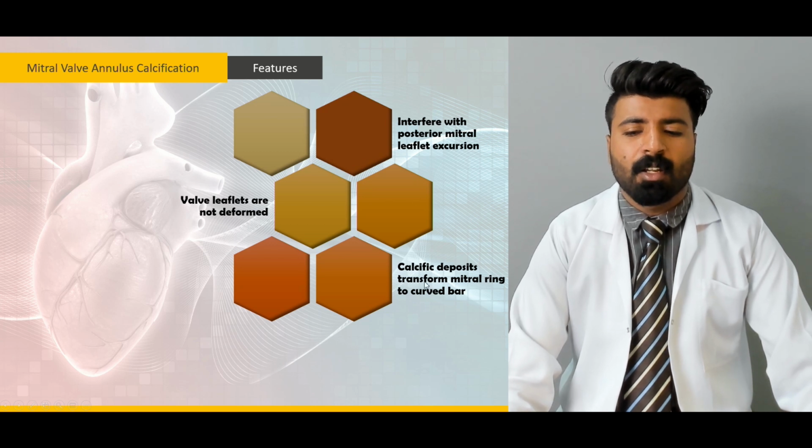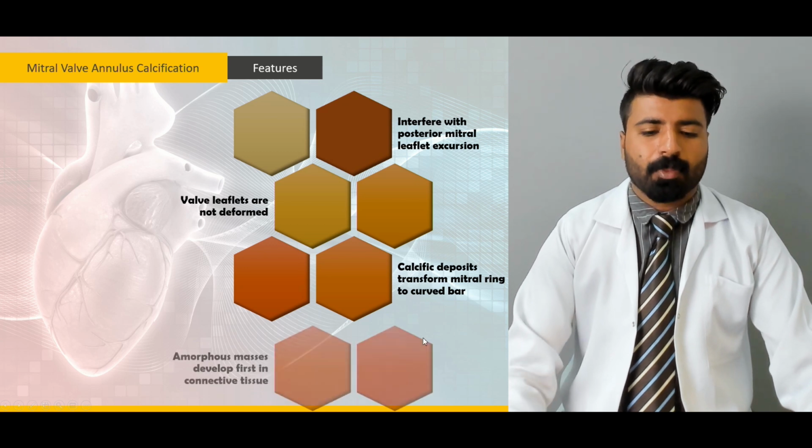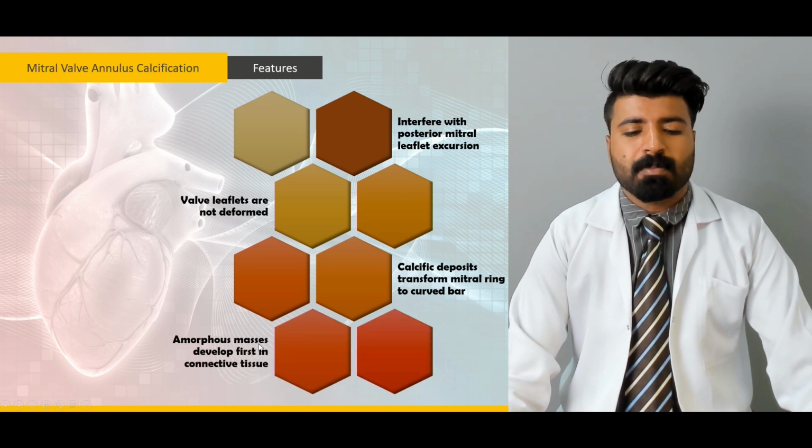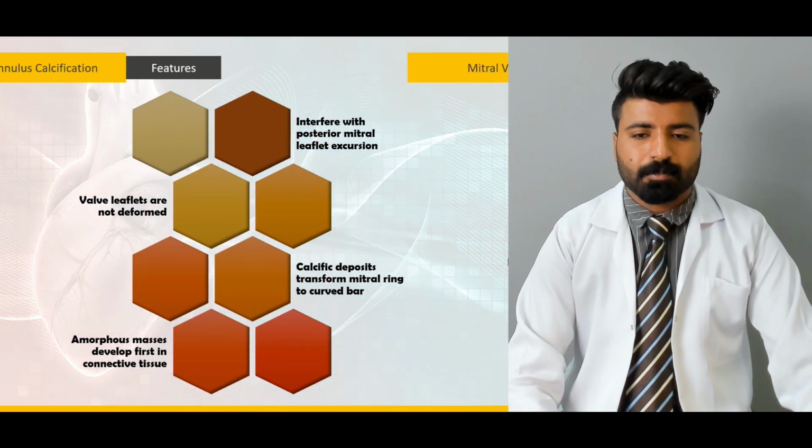They're affecting the mitral ring and converting it to a curved bar. The amorphous masses develop first in the connective tissue and then lead to the development of the curved bar.